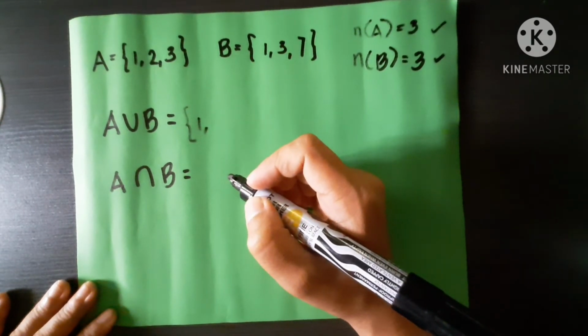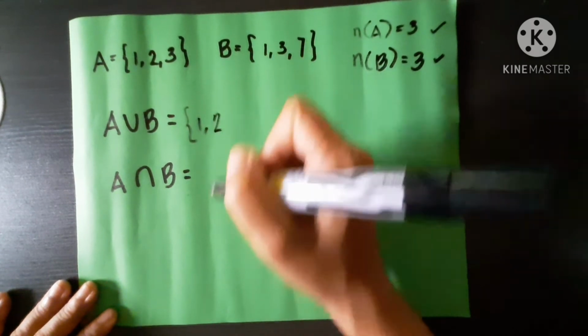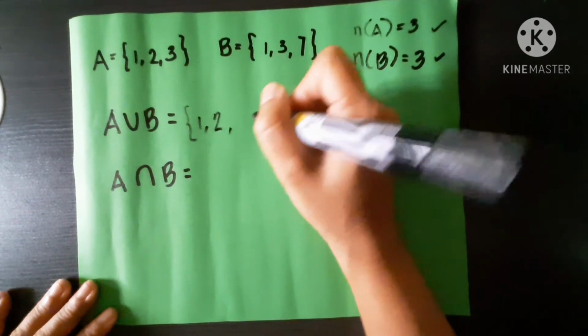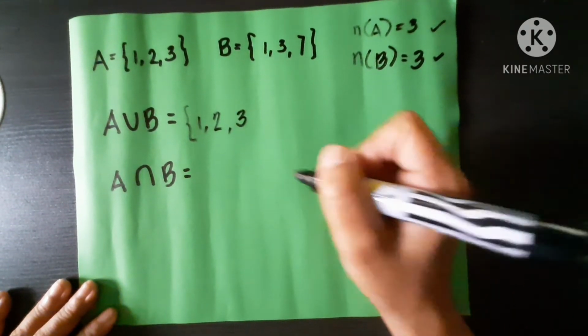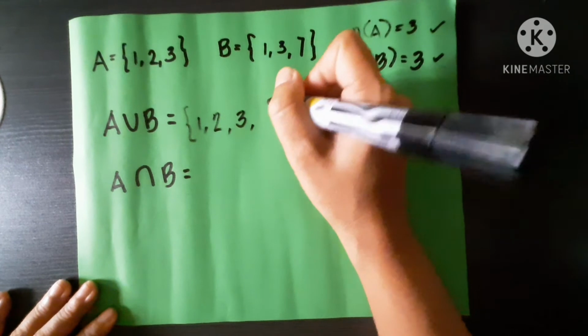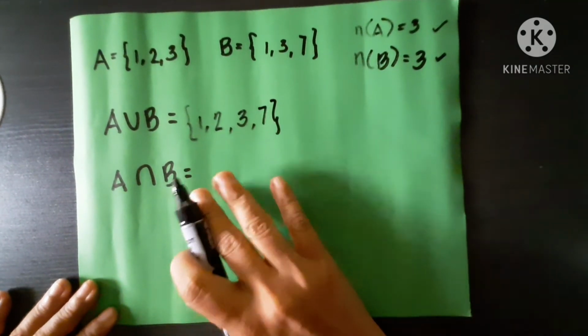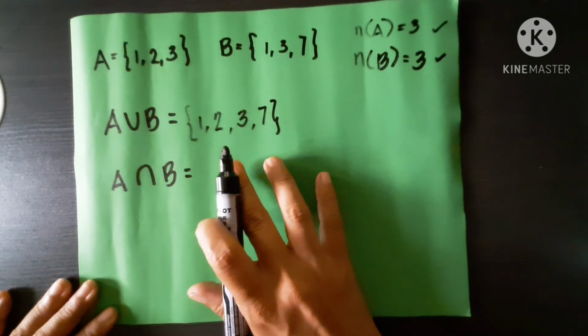And then we have also 2 kay naa may 2 dinha kang set A, and then we have also 3 again, kausa ra siya isulat. Okay, and of course we have our element 7.